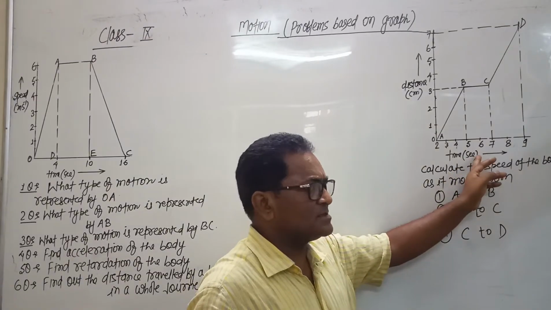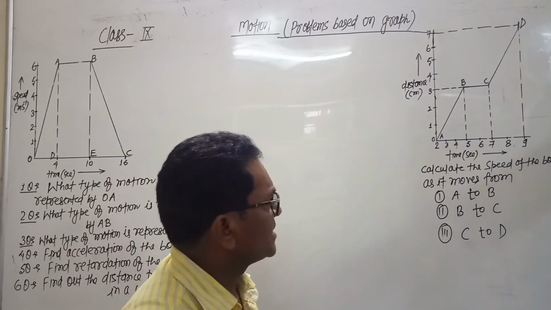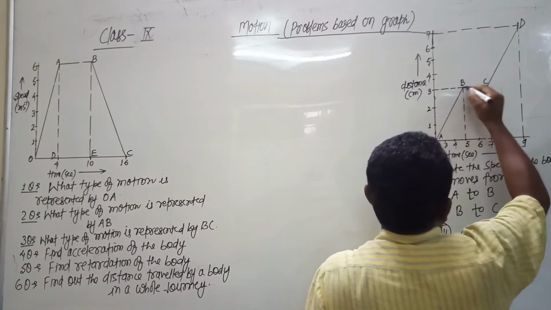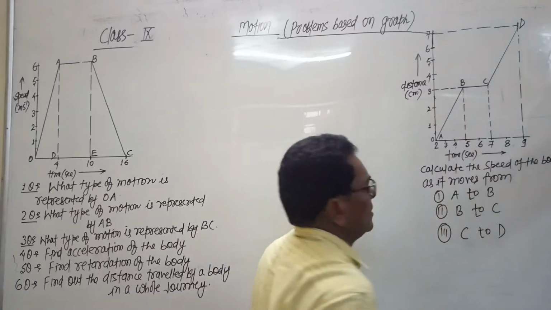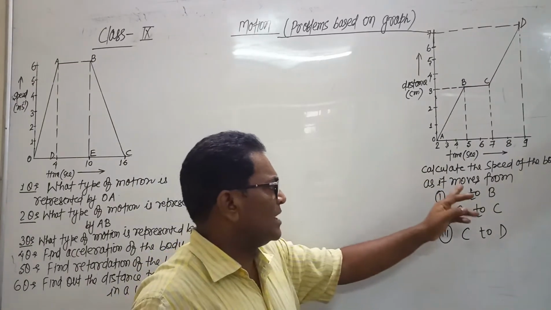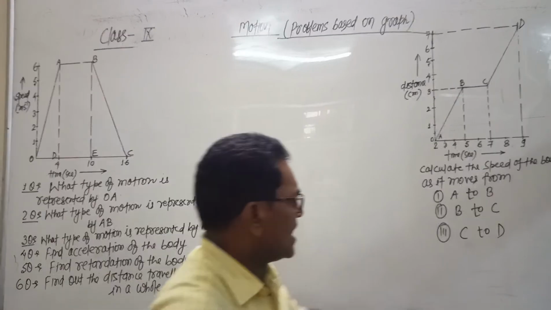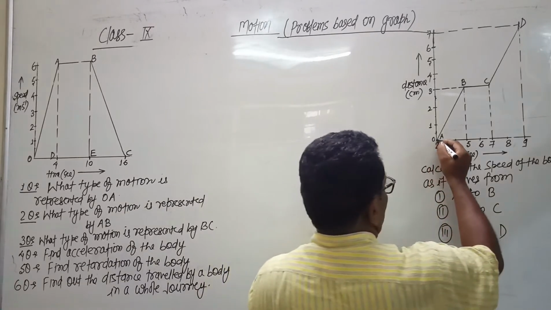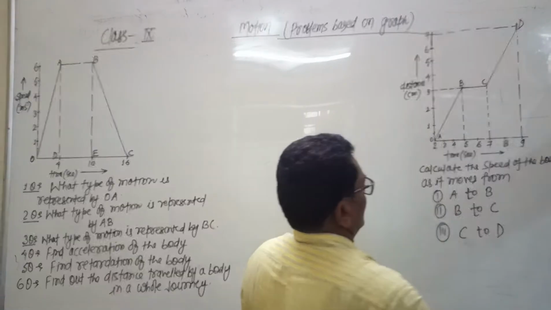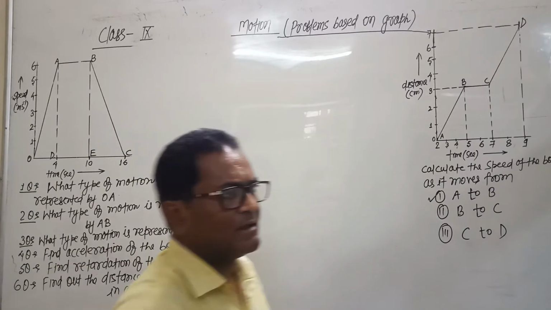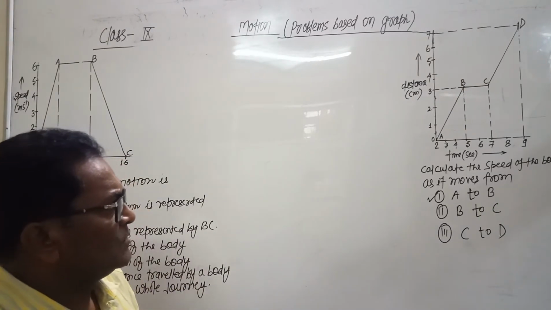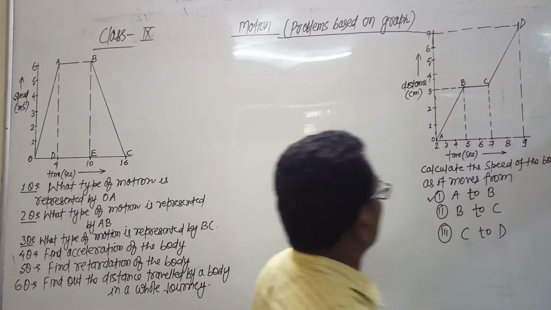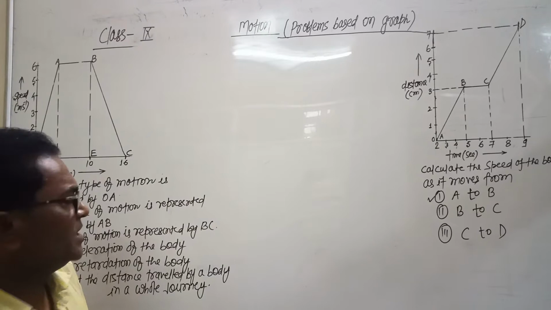Time is in seconds, distance is in centimeters, and the points on the graph are A, B, C and D. First, we have to calculate the speed of the body as it moves from A to B.